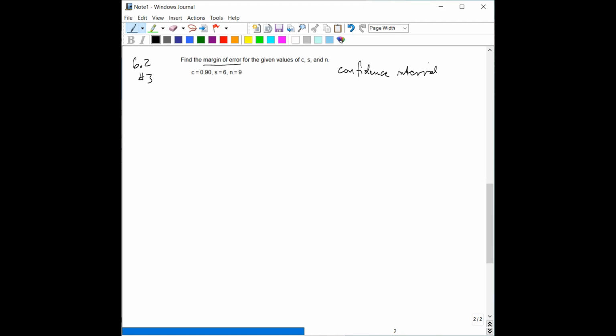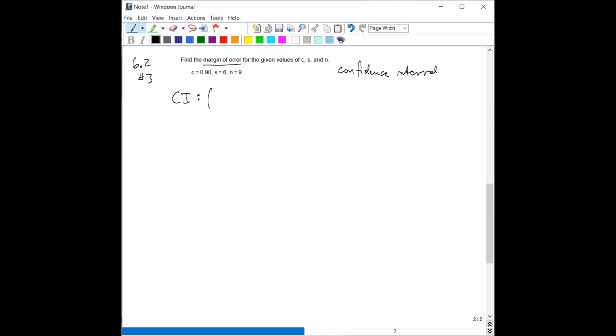So here's what we know. When we make a confidence interval, there are 3 different formulas in general. Actually, let me write the general formula.